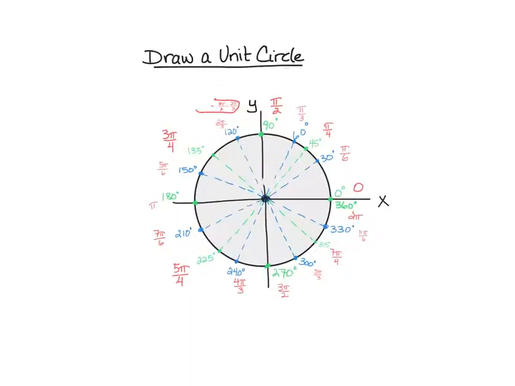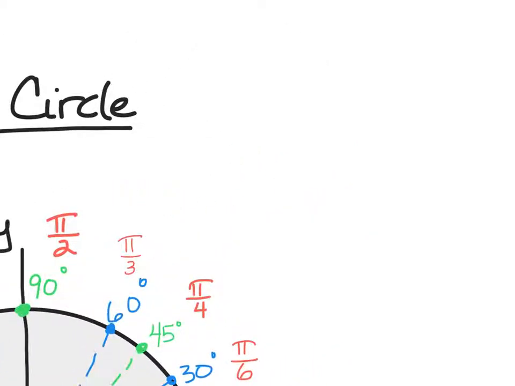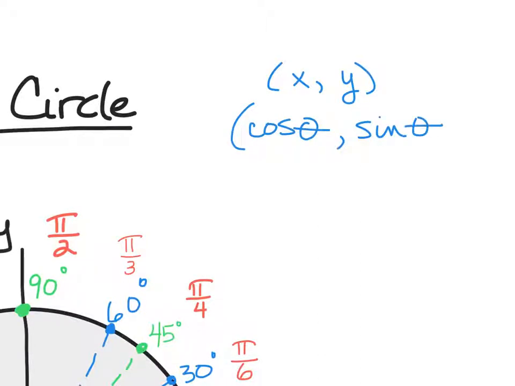Each of these points should have an x and y value that is representative of the sine and cosine of that angle. So remember that on a unit circle, the x value is the cosine of the theta, and the y value is the sine of the theta.